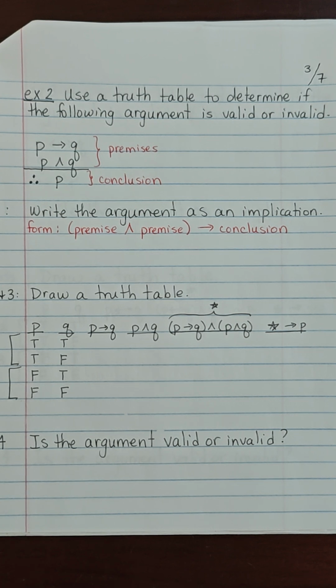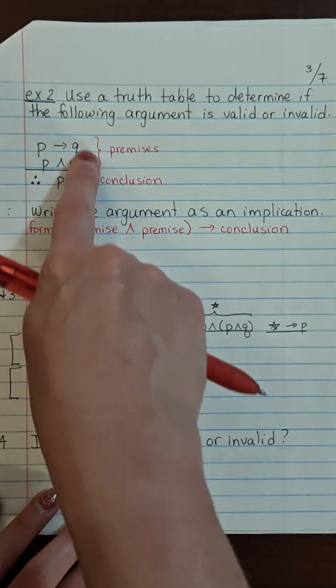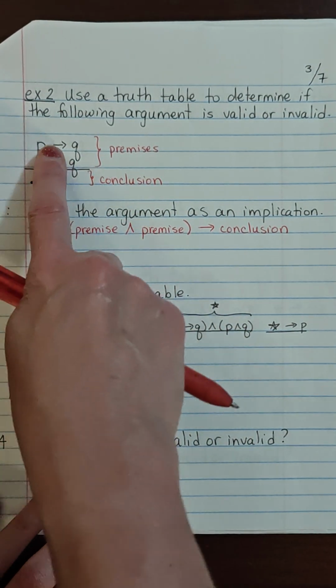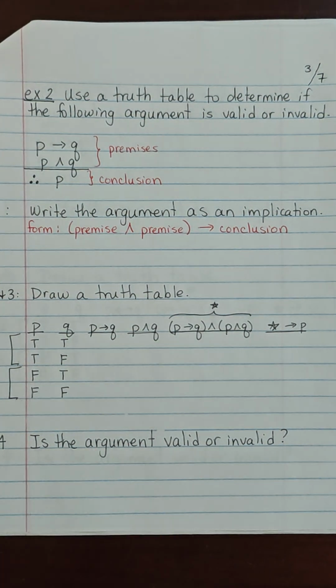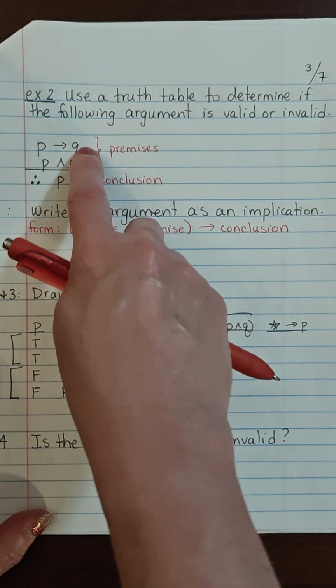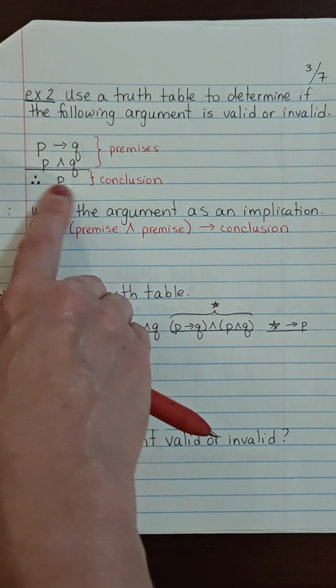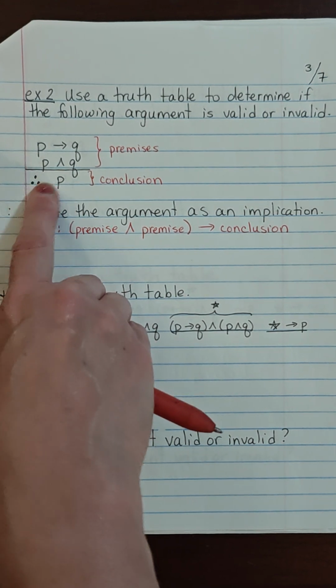It says, use a truth table to determine if the following argument is valid or invalid. The stuff in black is what you're going to be given. And it's already given to us symbolically, which is so helpful because then we don't have to write it symbolically to start with. Remember, the things above this line are the premises, and the thing after this, therefore, is the conclusion.